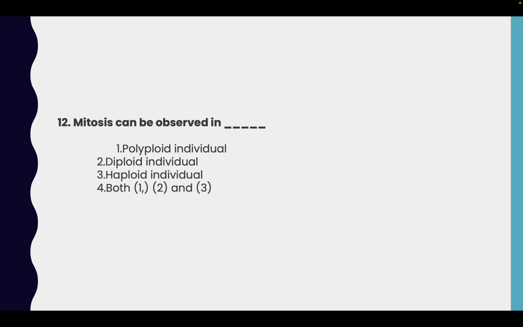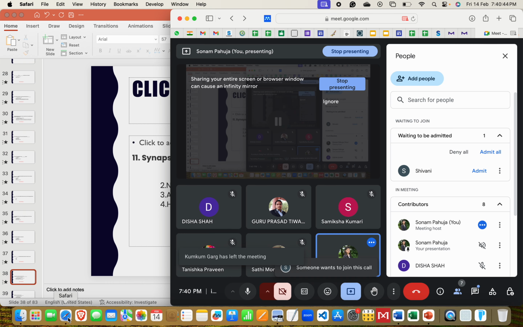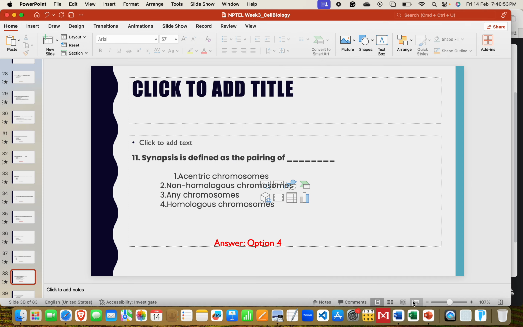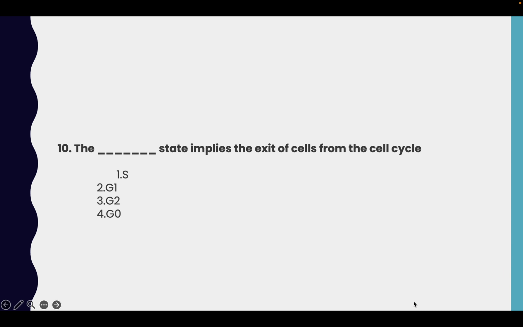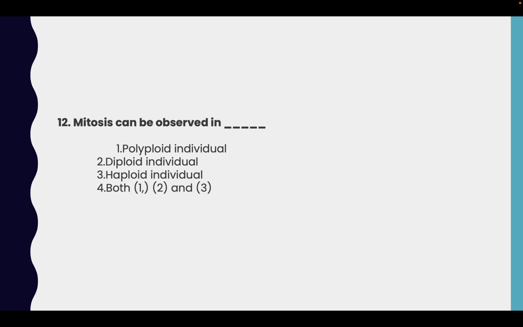Mitosis can be observed in which of the following individuals? Ma'am, haploid individuals.